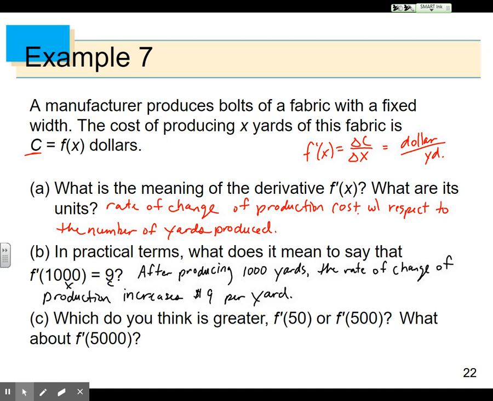Or maybe a simpler version of that, you could even say the cost of manufacturing the 1,000th yard is going to be about $9.